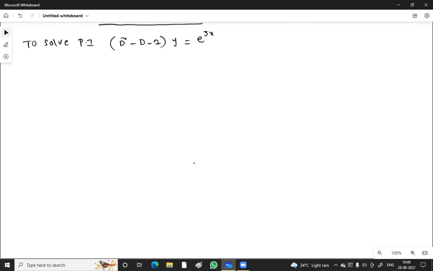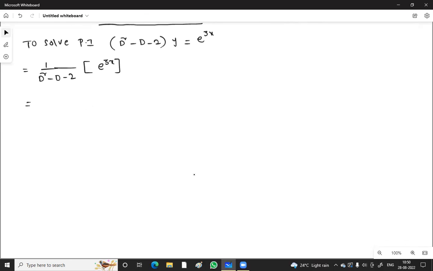Only e power 3x I'm taking because one by one we will solve. So first, 1 over f of d, nothing but what? 1 over d square minus d minus 2 operating on e to the power 3x.